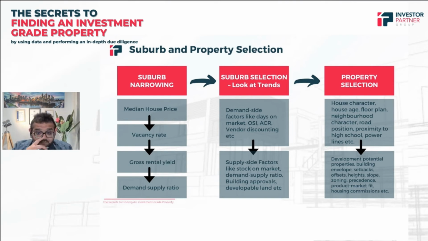So one indicator there, which is quite important and quite key, is that when you're looking at rental yields of 5, 6, 7% in metro areas, definitely the investors are going to come rushing into those suburbs as they find out about these suburbs and bring the rental yield down by offering better prices for the property.